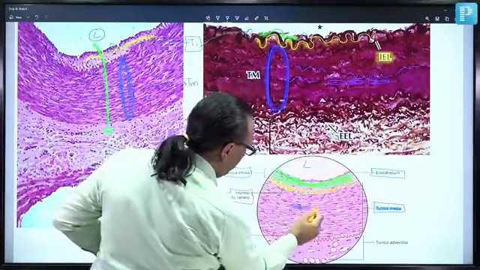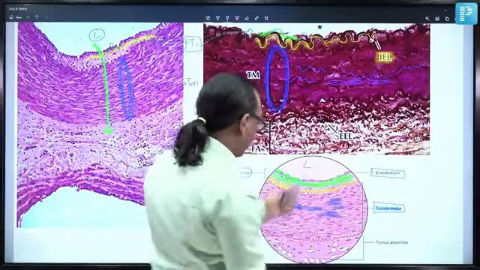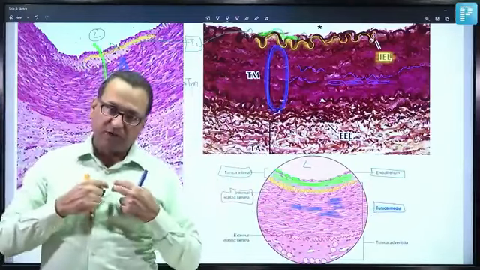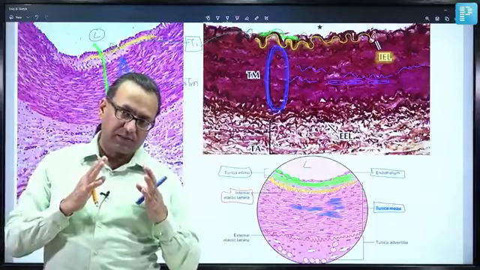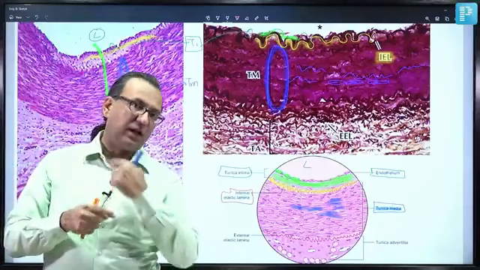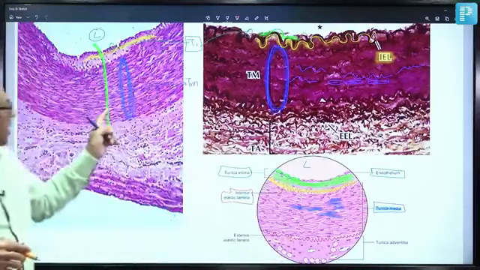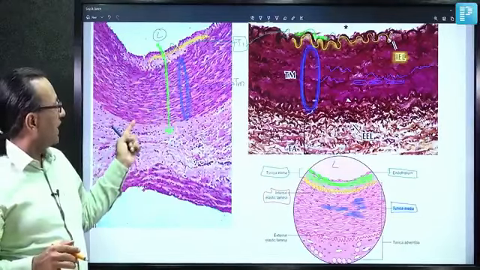These are the smooth muscle cells, spindle-shaped cells, less elastic fibers. Comparatively, if you look at the aorta, it will have more elastic fibers and less smooth muscle. So there will be a difference between an elastic artery and this, which is actually a muscular artery, with more smooth muscle cells, as is evident in this diagram also.